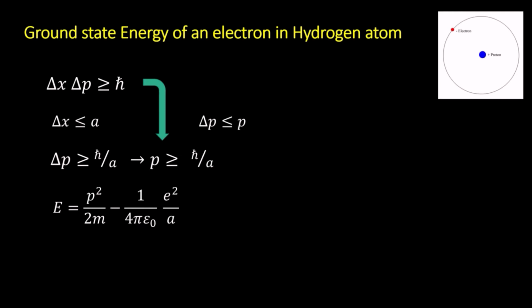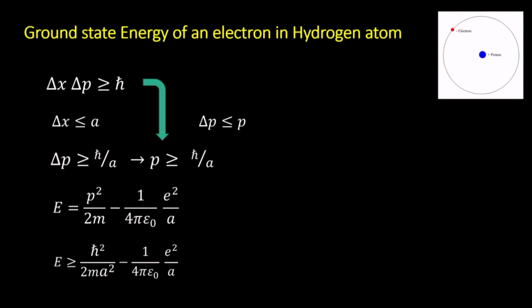If we substitute h cross by A for momentum, we get the relation E must be greater than or equal to h cross square by 2m A square minus 1 by 4 pi epsilon 0 e square by A.